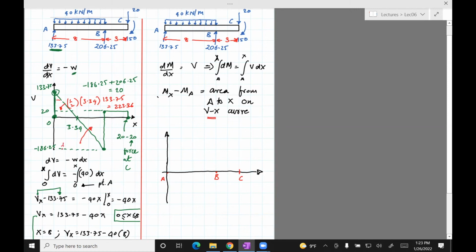Similarly, we can find this area. It's going to be half, with a negative sign, of course, because this is below the x-axis. So negative half times the base. The base here is 8 minus 3.34, times the height. The height is 186.25.